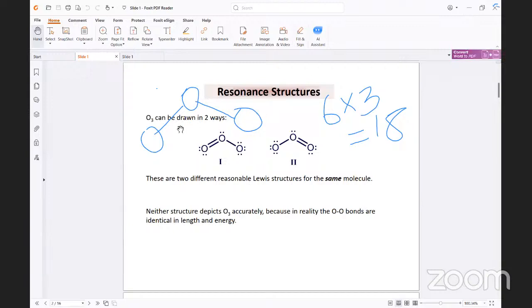So in drawing the Lewis structure, you will see that you have your oxygen that we have put at the center, and you have another oxygen that you have put at the edge.